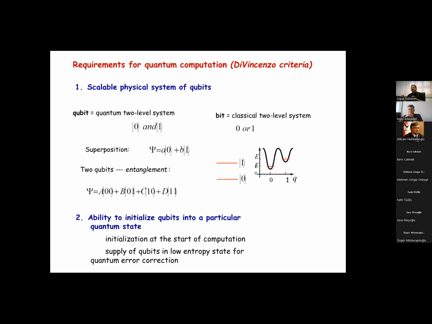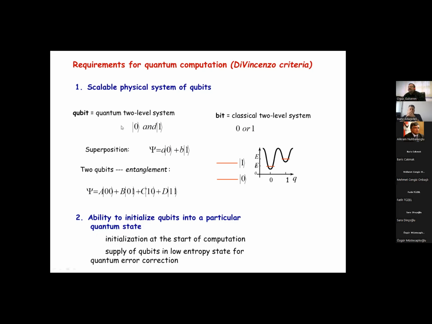These are quite reasonable things. First of all, you should have a scalable physical system of qubits. This has to be well defined, and at the end you should be able to scale this.